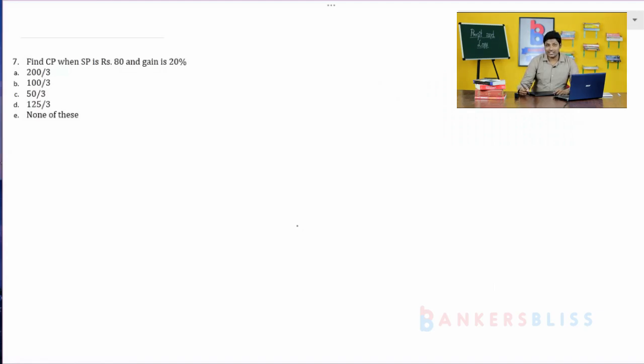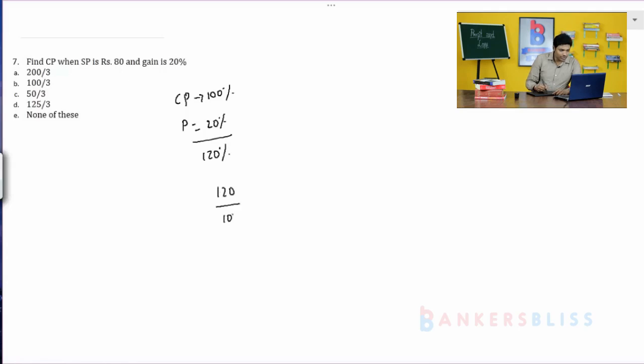So in this case what do you have to consider? You have to consider the cost price as 100%, and you are getting a profit of 20%. So altogether 120%. So 120% of cost price is equal to the selling price.